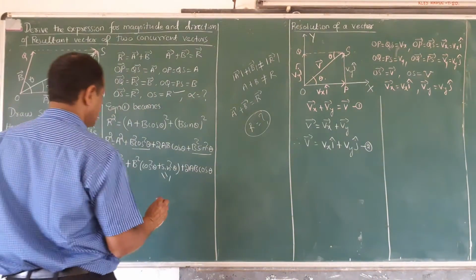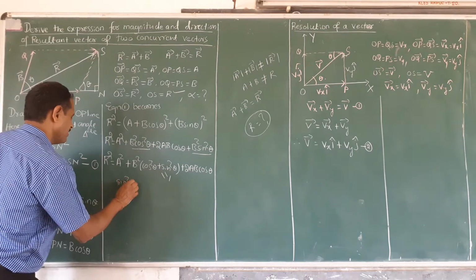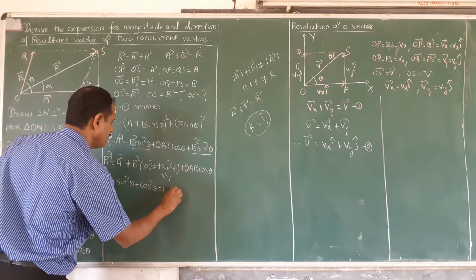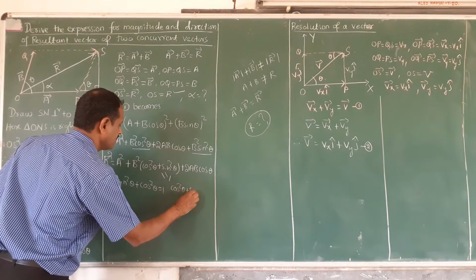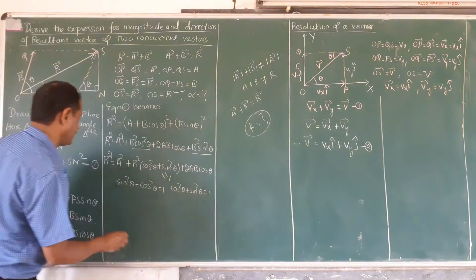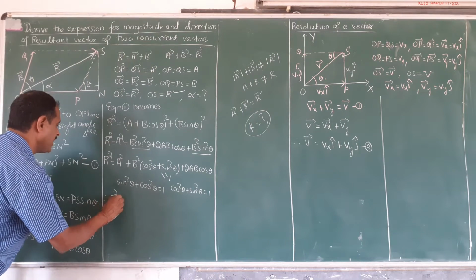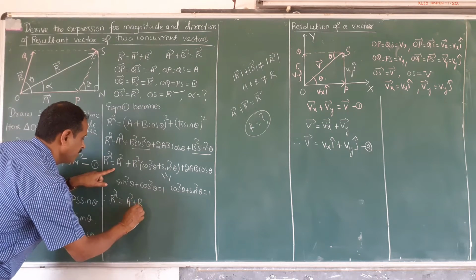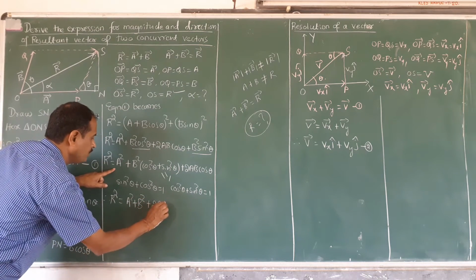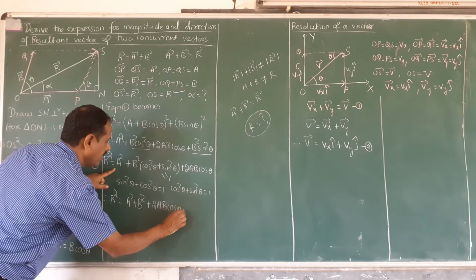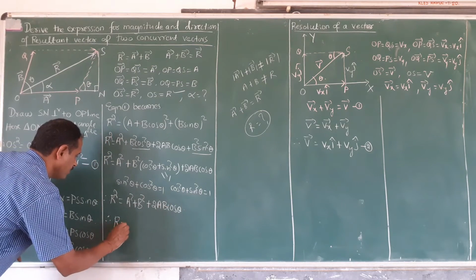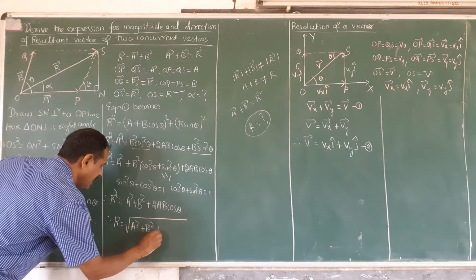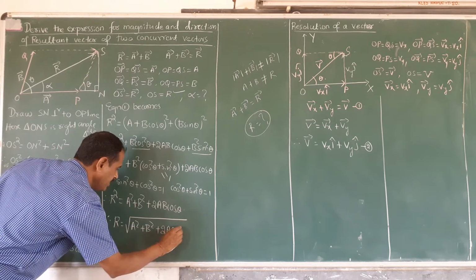Because sin square theta plus cos square theta is equal to 1, or cos square theta plus sin square theta is also equal to 1. Therefore R square is equal to A square plus B square plus 2AB cos theta. Therefore R is equal to under root of A square plus B square plus 2AB cos theta.